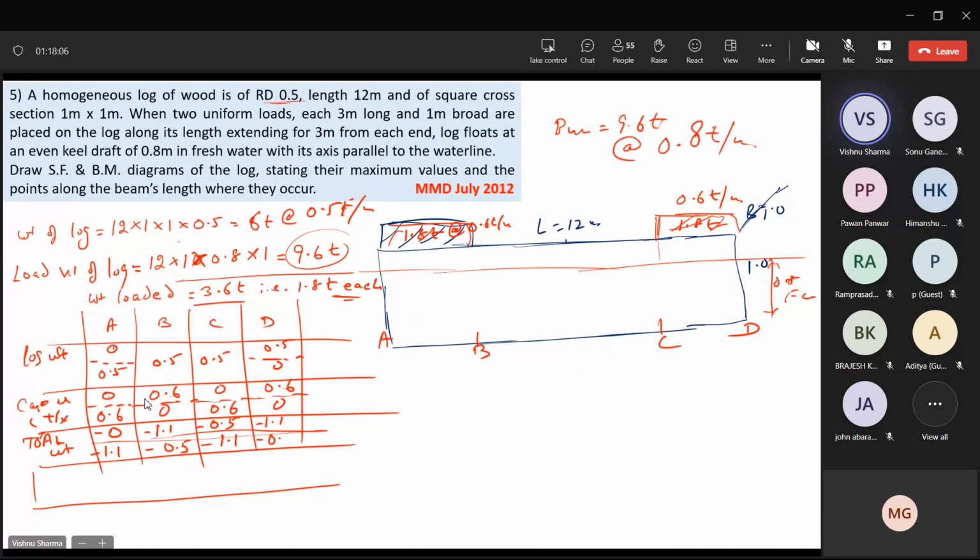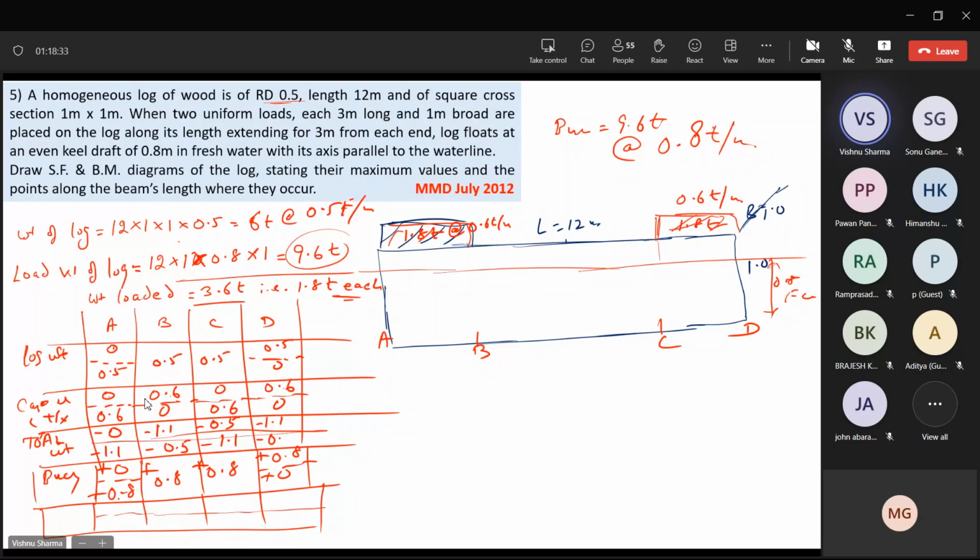And now we have the buoyancy. Its buoyancy is 0.8. So 0.8, 0.8, 0.8, 0.8 and 0, with a plus sign. And we get the loads. All the 4 will be divided into 2.